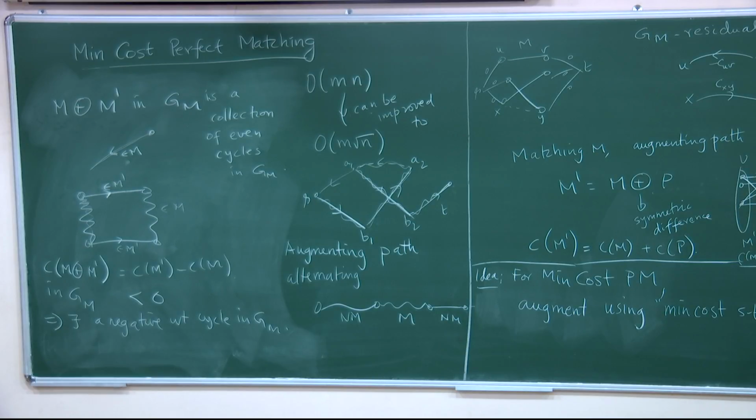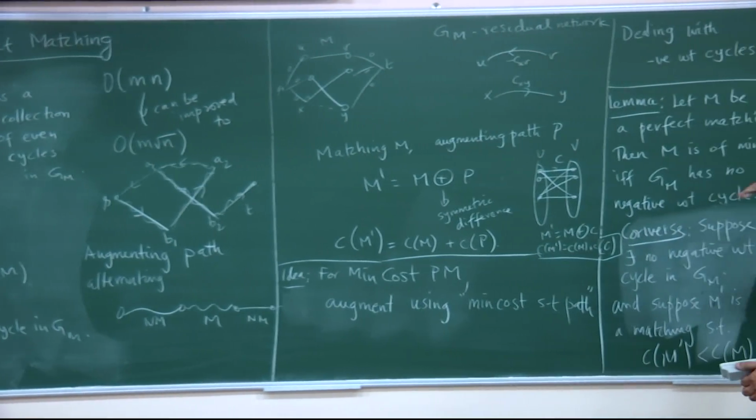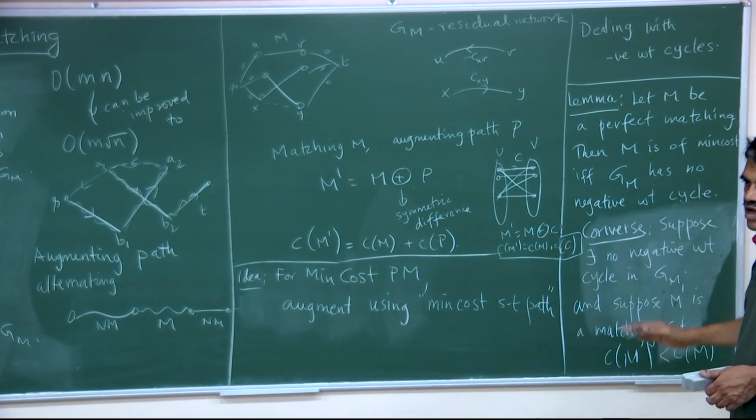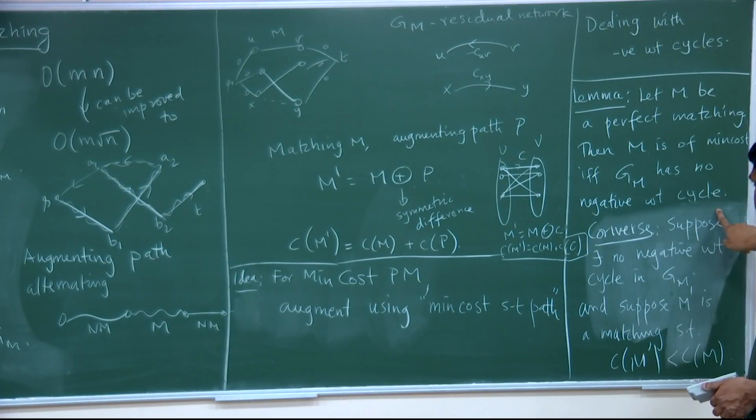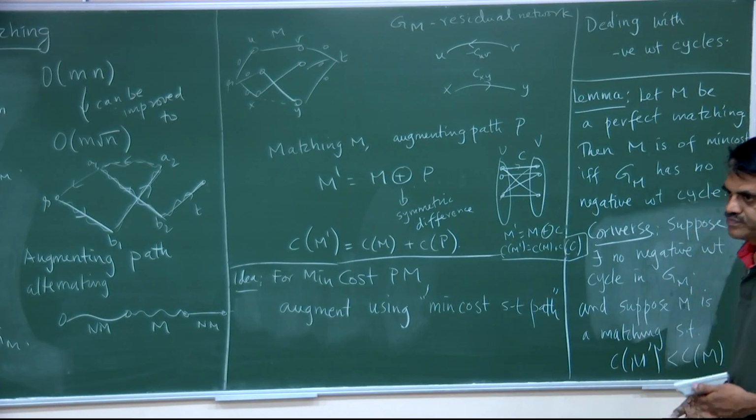Keep doing this, but the augmentation increases the matching by 1 every time. Finally, I'll reach a perfect matching. But somehow, I will argue that the shortest path augmentation ensures that we don't have a negative edge cycle as we move on. So when we reach a perfect matching, we have no negative edge cycle. So it is of min cost.